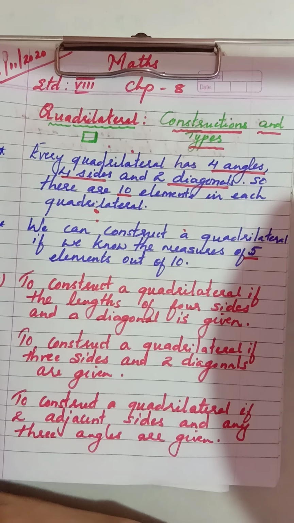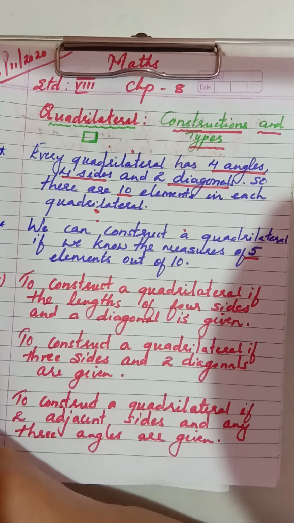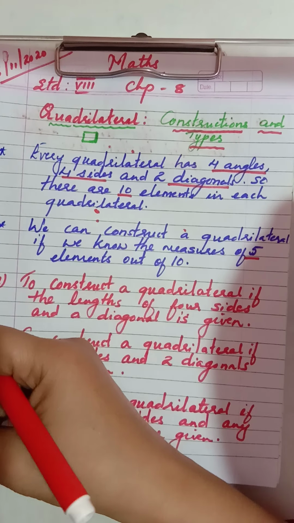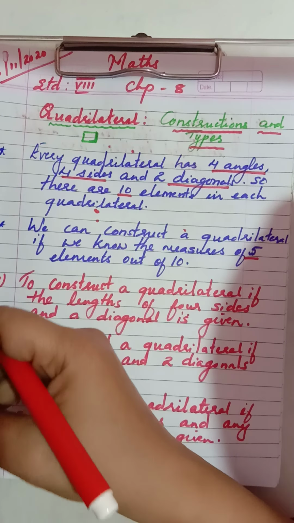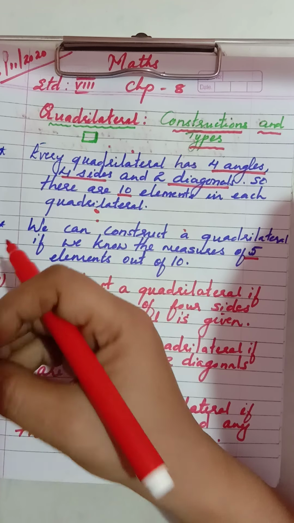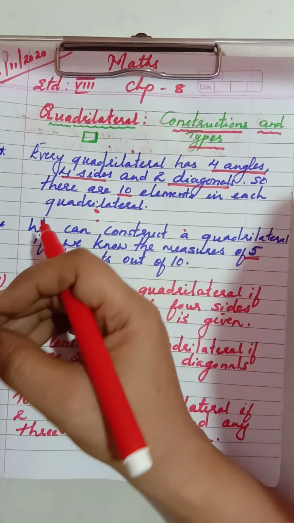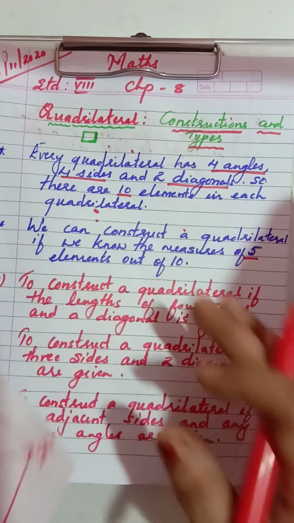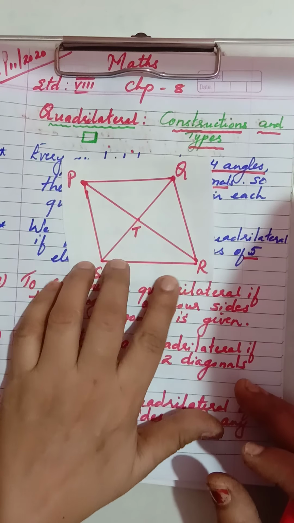Now let us begin with chapter number 8, quadrilateral construction and types. What is a quadrilateral? A quadrilateral is nothing but a four-sided closed figure. Again, I repeat, children, a four-sided closed figure is called a quadrilateral. Suppose here I have drawn one rough quadrilateral.